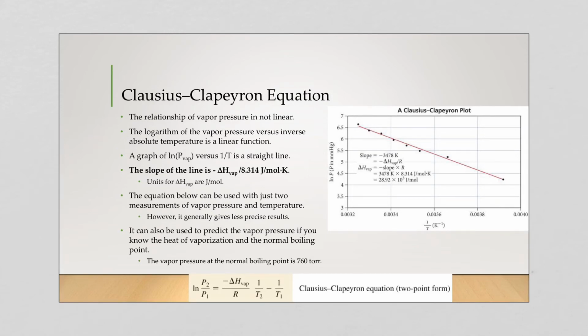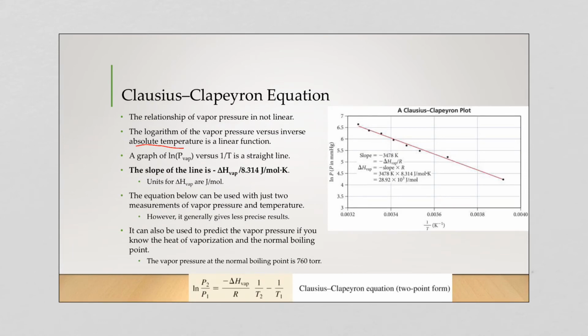Now, with a couple notes here, we have to be dealing with the Kelvin temperature, so the absolute temperature. So the inverse of the absolute temperature versus the log of the vapor pressure does give us a linear relationship. Now, of course, we have a linear relationship, so that means we have the equation of a line.